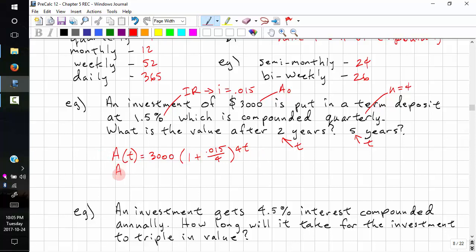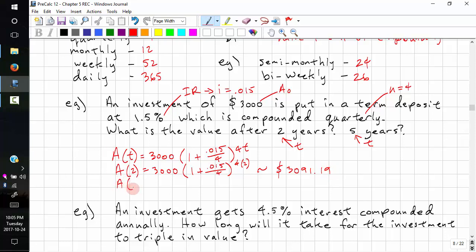Now we evaluate A of 2 equals 3,000, 1 plus 0.015 over 4, to the power 4 times 2, that's 8. And that's approximately 3,091.19. Okay, the bank will round off this figure. So rounding off is correct here.